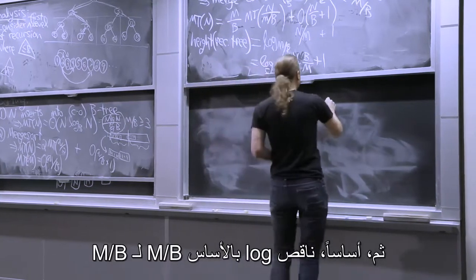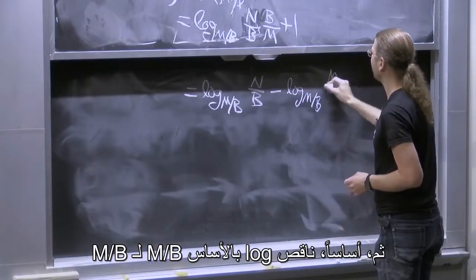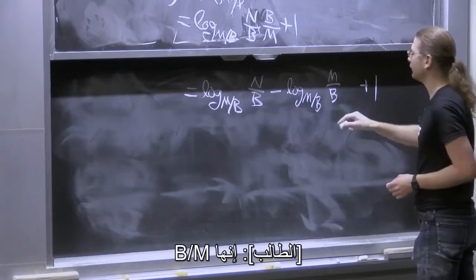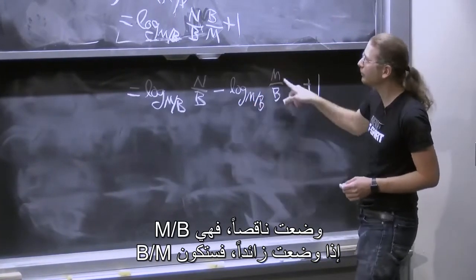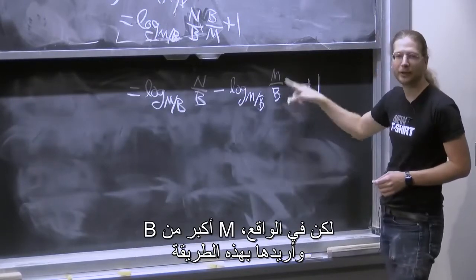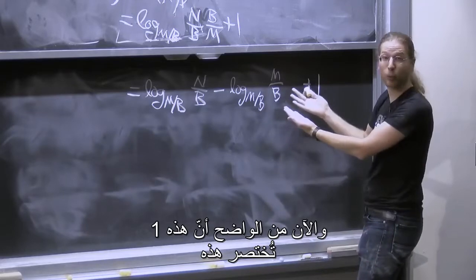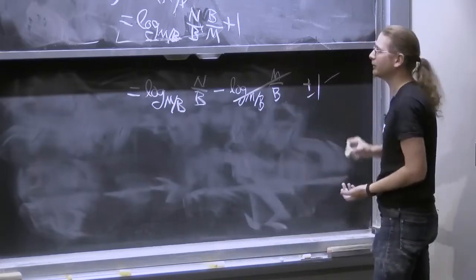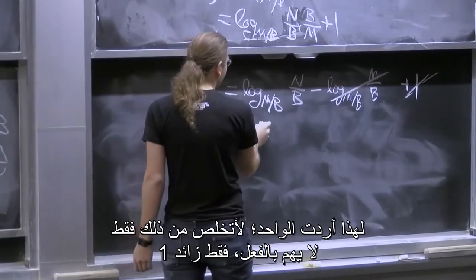And then basically minus log base m over b of m over b. I put a minus, so it's m over b. If I put a plus, it would be b over m. But in fact, m is bigger than b, so I want it this way. And now it's obvious this is 1, so these cancel. That's why I wanted the 1, just to get rid of that. It doesn't really matter, just a plus 1.